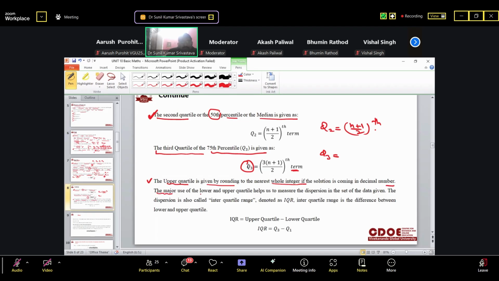The major use of the lower and upper quartile is to measure the dispersion in a set of data. This is known as the interquartile range, in short IQR. The interquartile range is the difference between the upper and lower quartile. The lower quartile is Q1, the upper quartile is Q3, and the difference Q3 minus Q1 is the interquartile range, IQR.